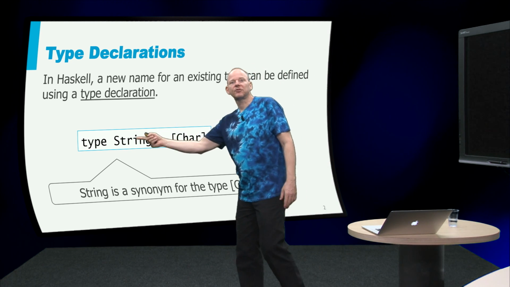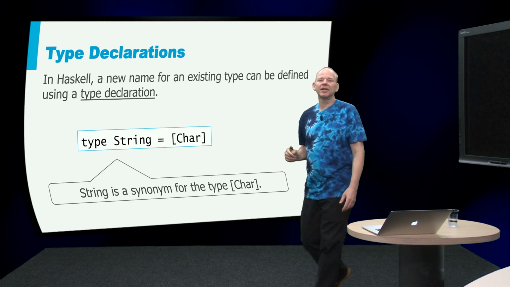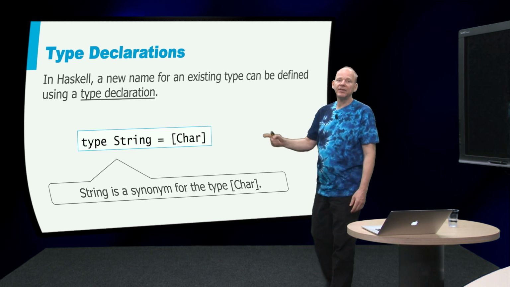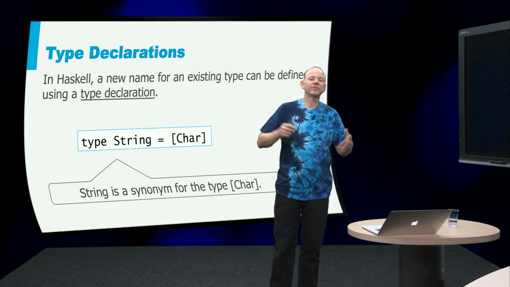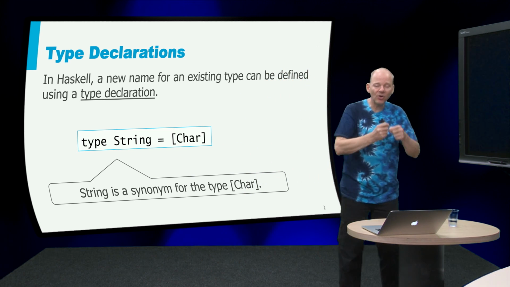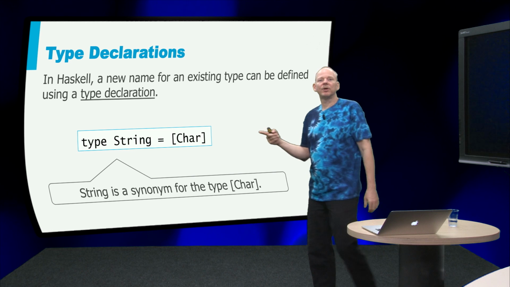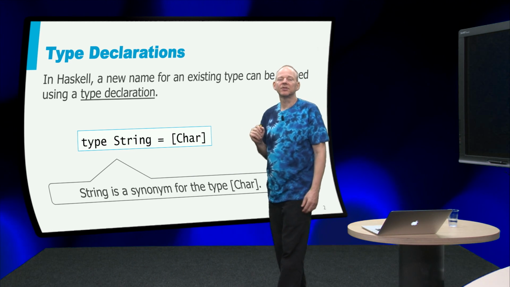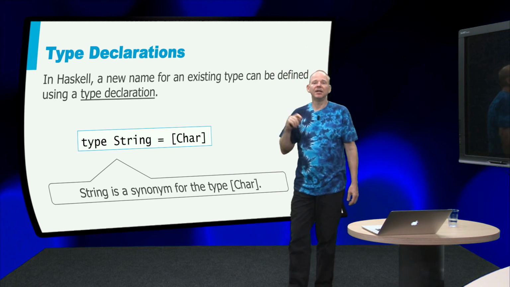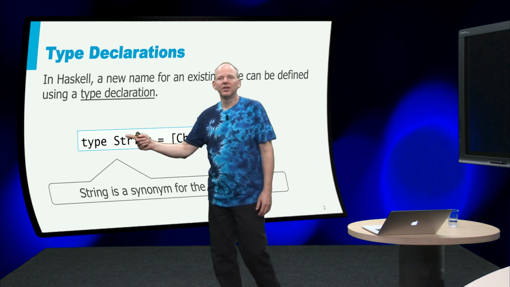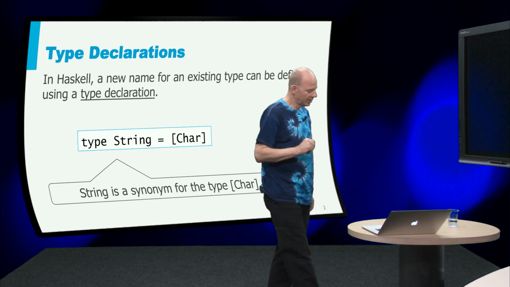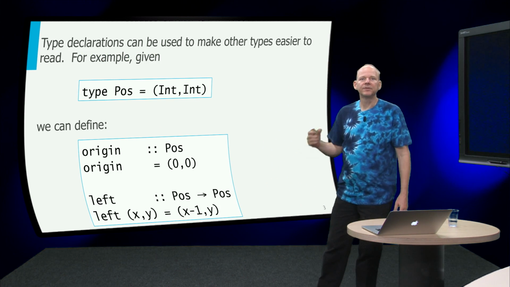Every time we saw a string, we treated it as a list of characters. But in types, we often wrote String, because that's what we wanted to convey. When we were coding against strings, we wanted to see them as a list of characters. And here, this type declaration achieves that. This is just another name for this type. Good.